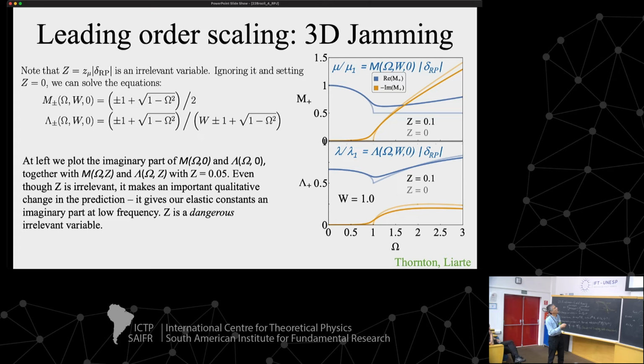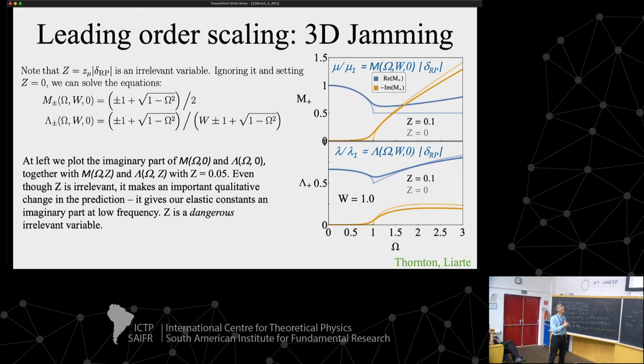If you have plus, then as omega squared goes to 0, you get capital M going to a constant, which is 1, which makes mu go to 0 linearly, because you remember mu was m times delta RP.